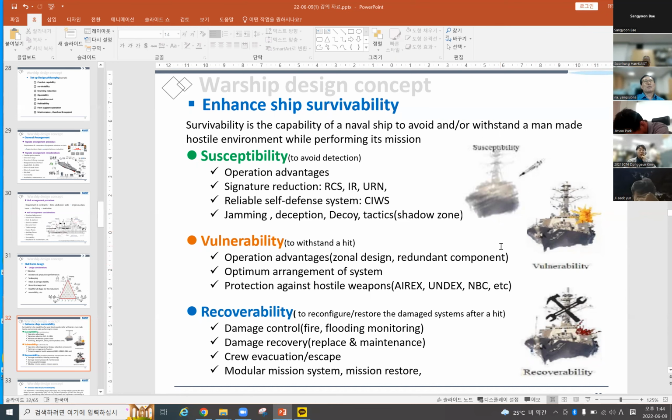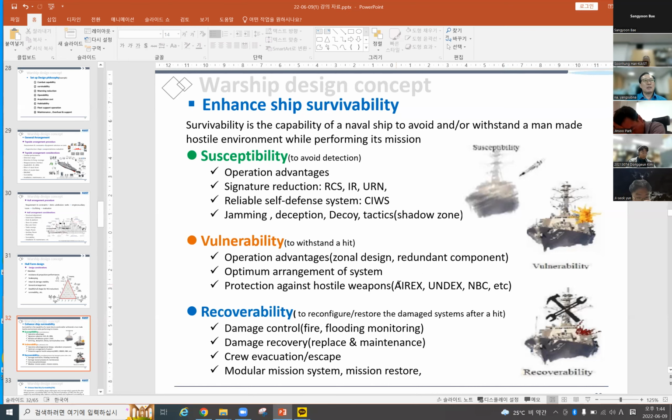In the ship's general arrangement, we can divide it into independent design zones to enhance vulnerability, and use an optimal arrangement of systems to maximize it.